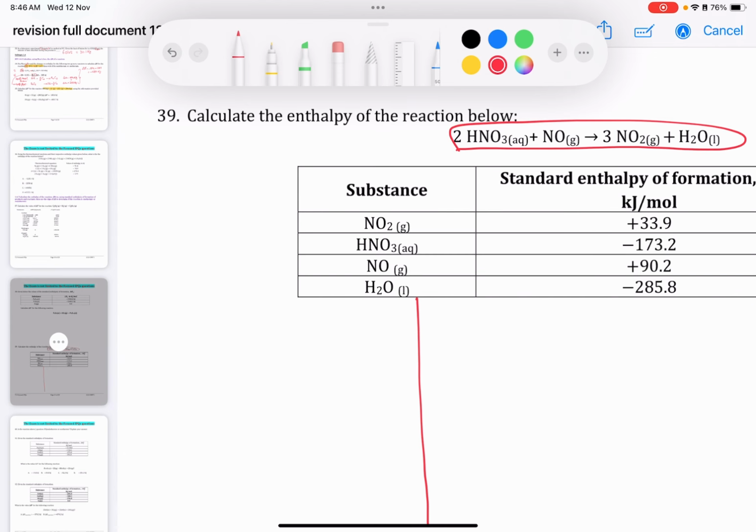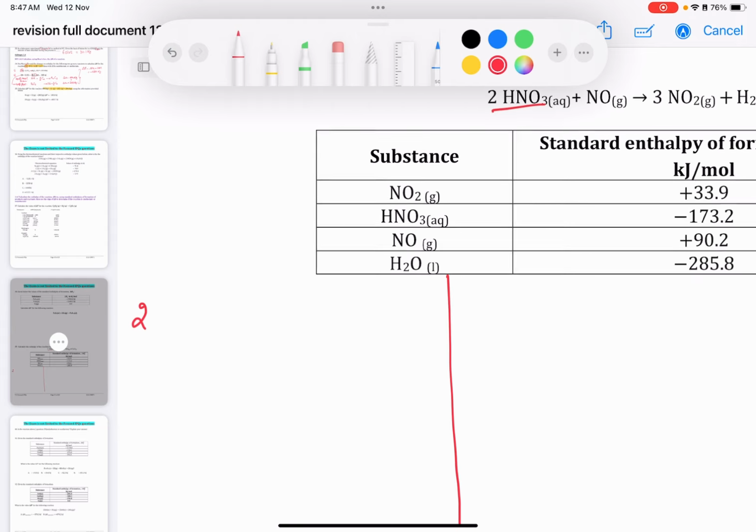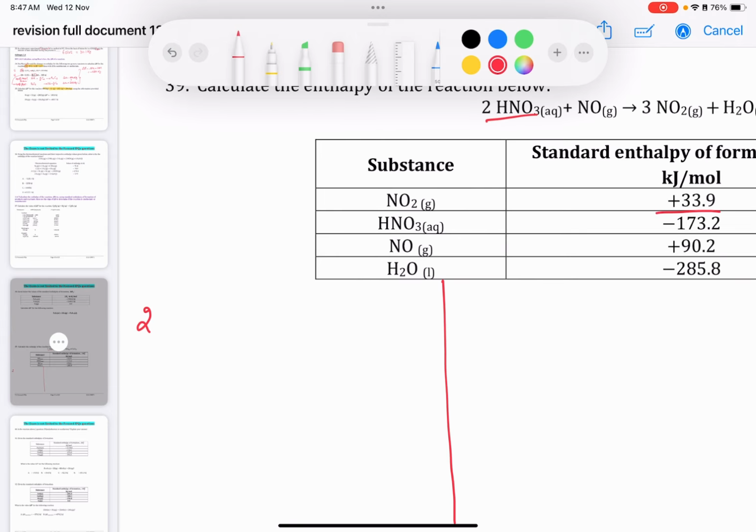I'm gonna substitute their formulas with their values. So I'm gonna start with this one. I have 2 multiplied by the enthalpy of formation of HNO3, then plus NO, which is over here, 90.2.